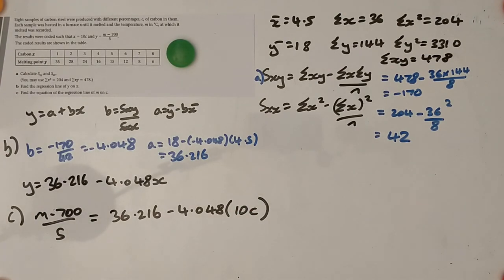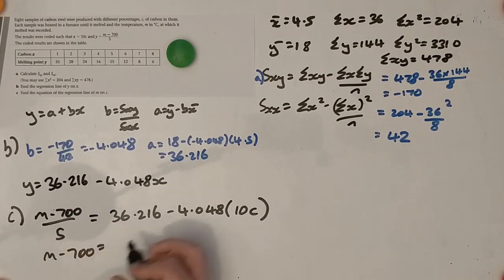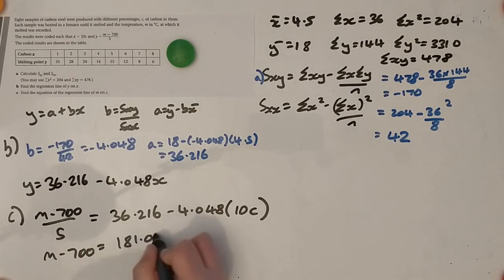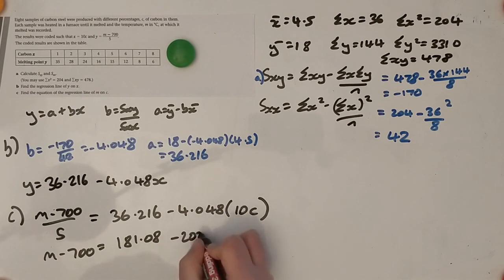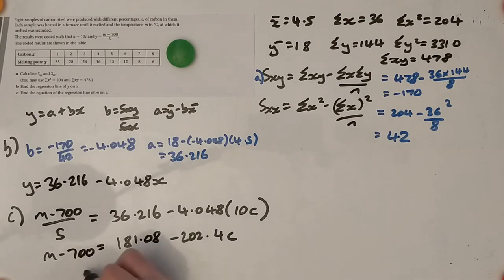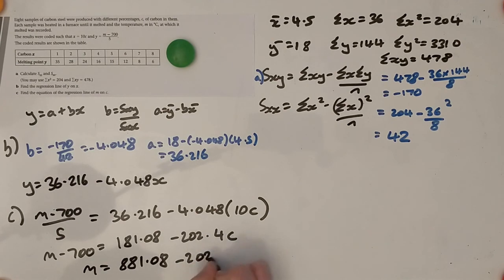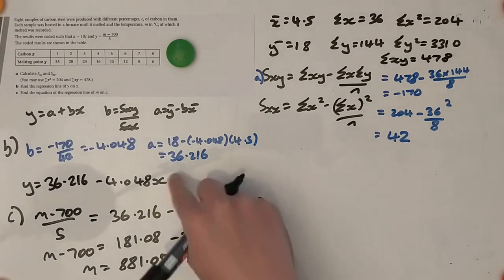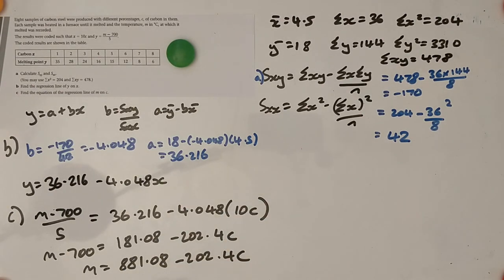Okay, so I just need to rearrange this. That gives me M minus 700 is equal to 181.08 minus 202.4C. Then I add that 700, so M equals 881.08 minus 202.4C. So from my Y and X, I can then change it into M and C. And that's it. That is chapter 5 done.